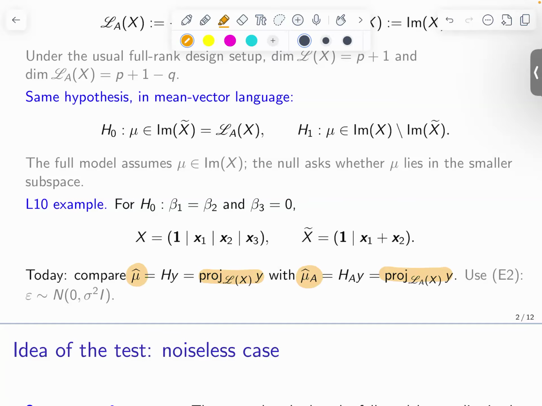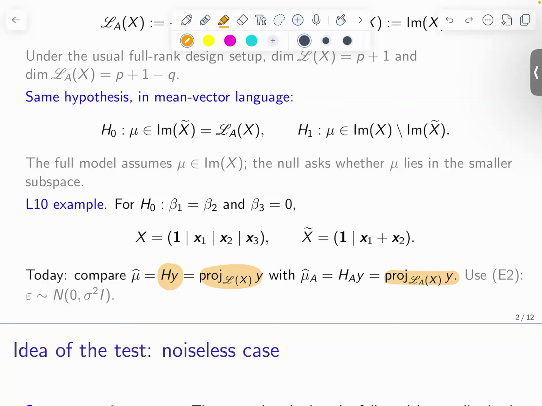These operations can be done using the corresponding hat matrices. If you recall, every subspace has a hat matrix, so this projection is really h times y. And that projection is also h a times y, where h a is the projection onto the image of x tilde. You can explicitly write it as x tilde times x tilde transpose x tilde inverse times x tilde transpose.